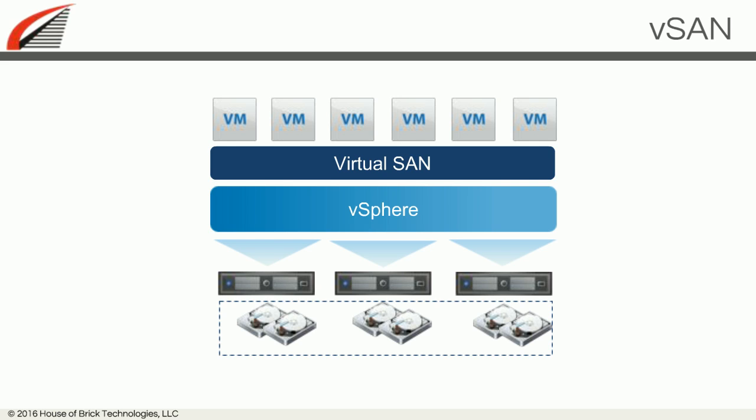vSAN, what it is, you have, for example, if you had 3 DR hosts, your ESX hosts in your recovery site, I would go out and I would purchase 3 recovery nodes and lay them in the environment, connect them up with connectivity. Right.